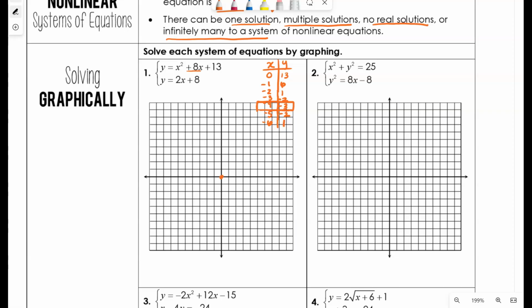So let's go ahead and plot this out. I know that at 0, I'm at 13. I don't think I have 13. 1, 2, 3, 4, 5, 6, 7. No, I only have 10. So that's not going to work. So let's go ahead and plot the rest of this. At -1, we're at 6. So -1, I have 1, 2, 3, 4, 5, 6. At -2, I am at 1. At -3, I'm at -2.